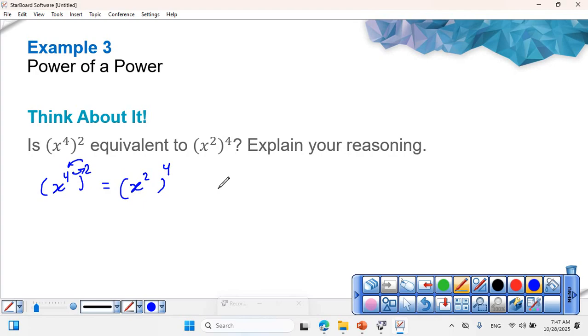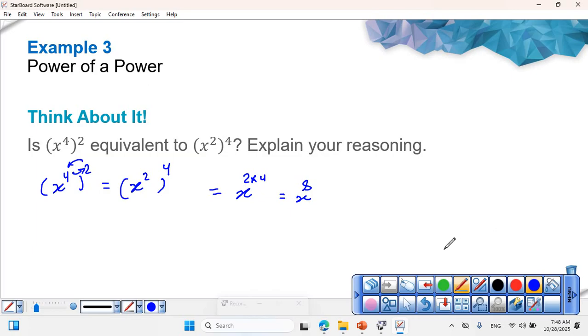Okay, the answer is x to the power 2 times 4. The last answer, x to the power 8, because multiplication allows us to swap between them. 2 times 4 equals 4 times 2.